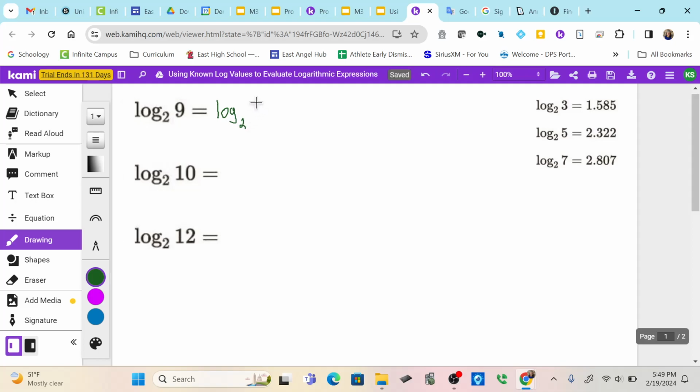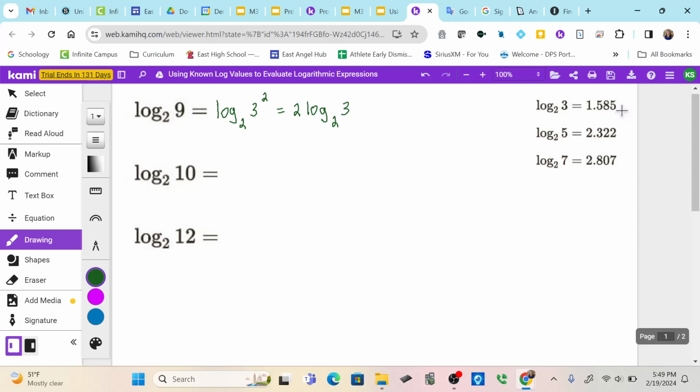of 3 squared. Then we have that logarithm of a power property that says that I can make this 2 times log base 2 of 3.